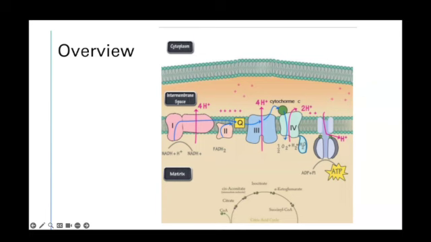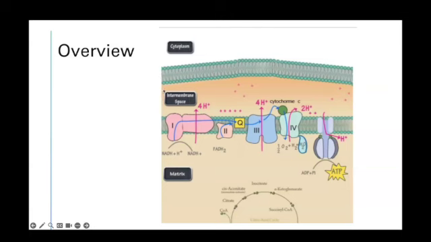Q, and then we get our ubiquinol, that QH2, which then carries electrons to complex 3, where ubiquinol then transfers electrons to cytochrome C, this little guy right here, and cytochrome C then carries electrons to complex 4.